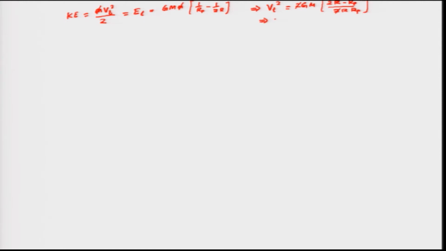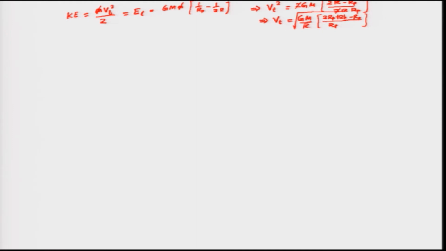basically the total velocity V t is equal to root over G M by R p, or I can say this is R, into root over R p, and 2 R will be 2 R p plus 2 H minus R p.